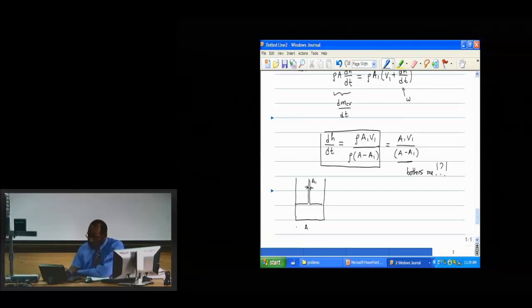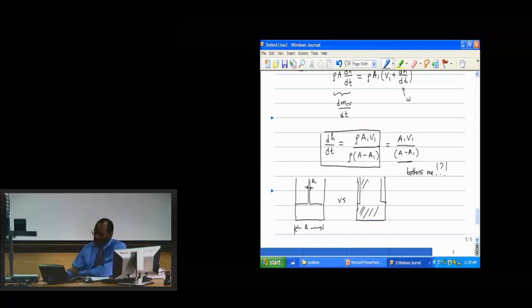versus a case where, say, A1 looks like that, and you have this big stream of stuff just filling this thing up, and pretty much it's going to instantaneously fill it up because this is rising so quickly that it fills it up again very quickly.